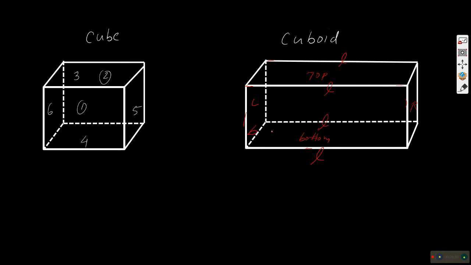And if I say this is breadth, this is breadth, this is breadth, and this is breadth, then I can see this as height, this as height, this as height, this as height. So if I think about making 3 pairs of faces of it, one I can write length into breadth, which is common to us, and such are there 2.